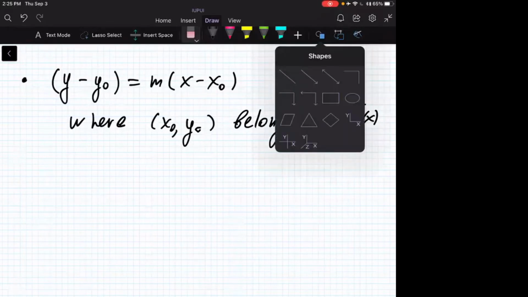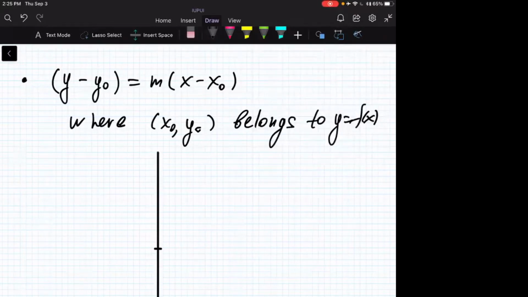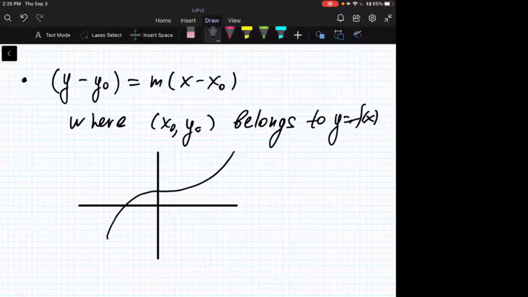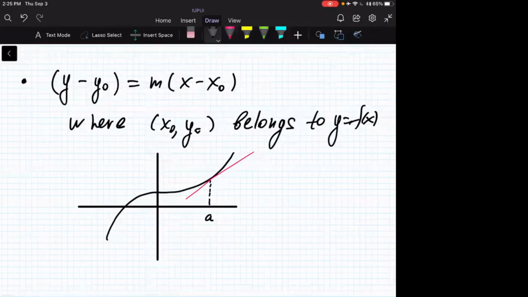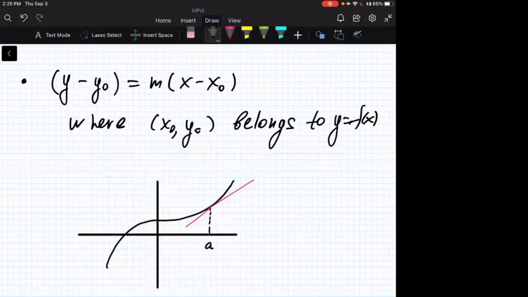So you have some curve like this, and you want to find the tangent line at point A. Usually you choose this point. Usually, okay, this is kind of a remark.